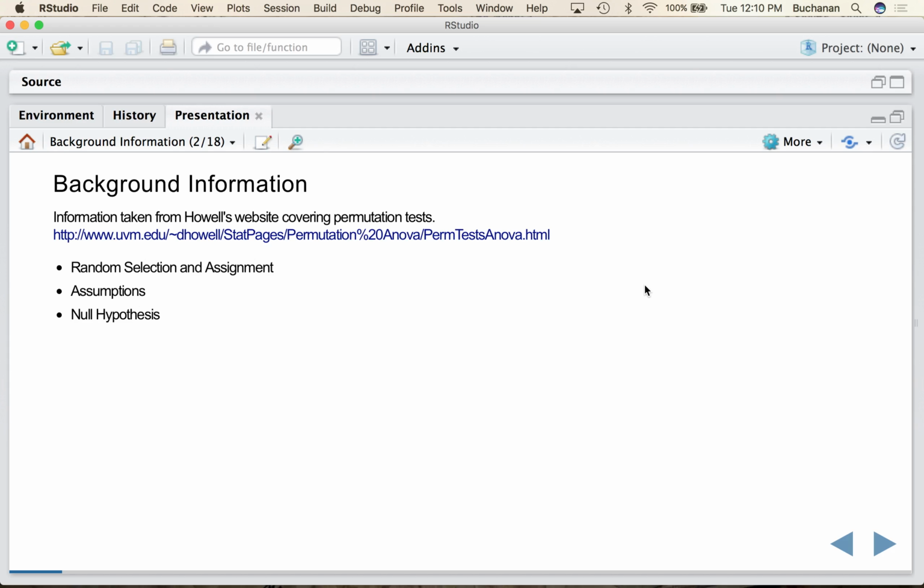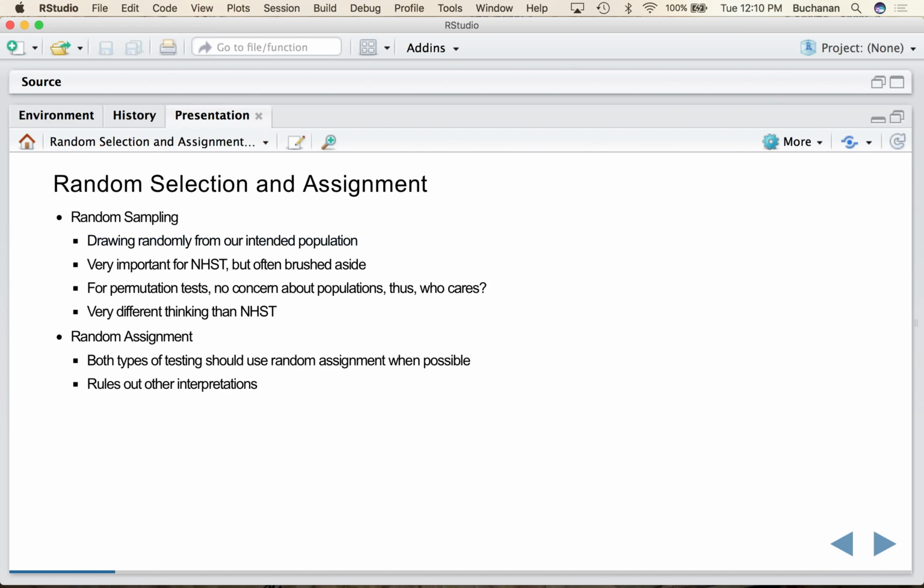So I'm going to talk a little bit about random assignment and selection and compare this to a traditional null hypothesis testing design, a little bit on assumptions and null hypotheses as part of statistical tests. So starting with random selection and assignment, generally we want random sampling.